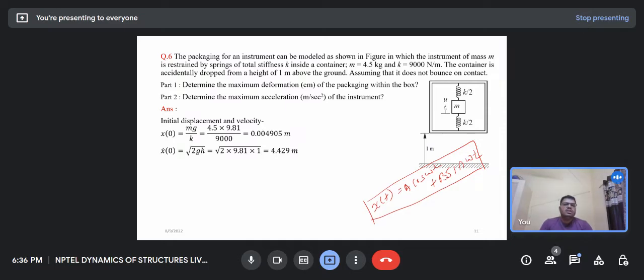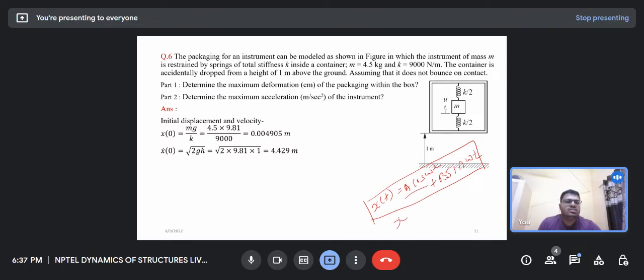Is there any doubt related to the initial displacement and the velocity? Anyone? It's clear, sir. Okay, so find out the values of A and B. If you are able to find A and B, then your maximum deformation is simple.